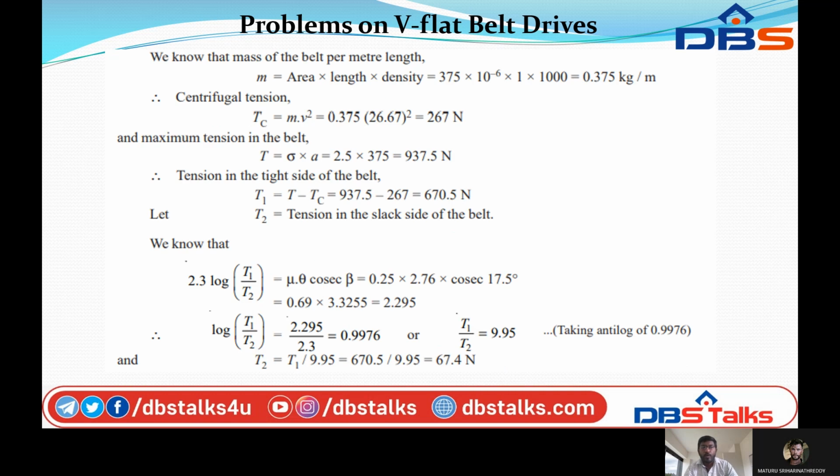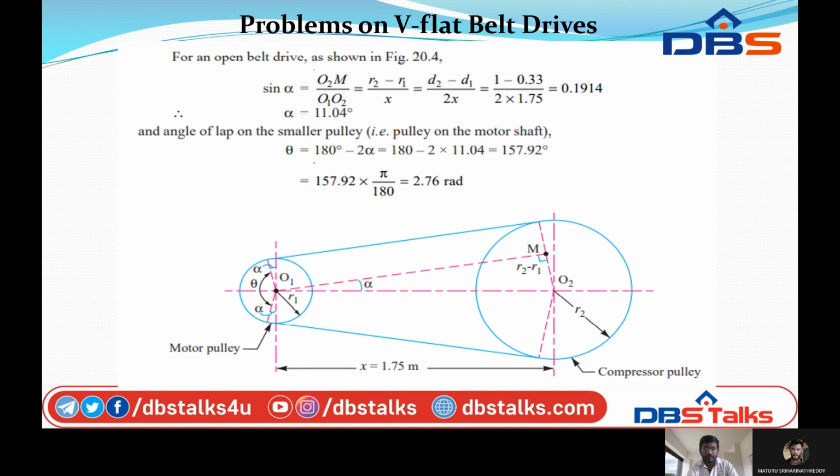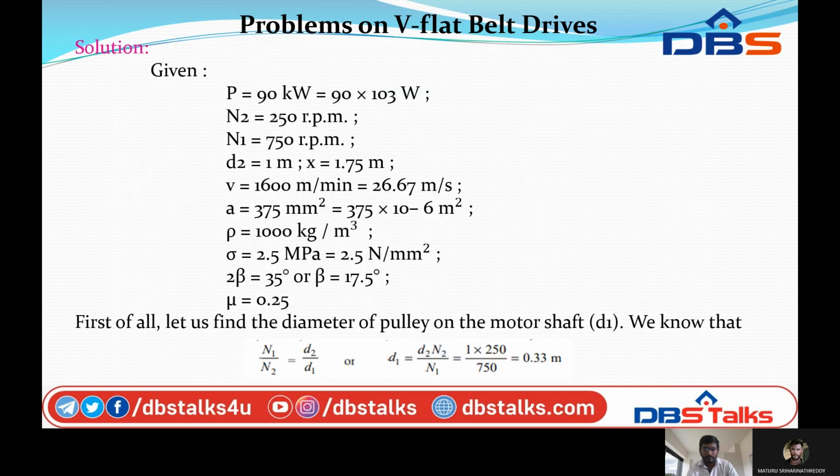Next, we need the mass of the belt per meter length. So m is equal to area into length into density. This is the formula of the mass. Area is already given in the problem, 375 mm square.